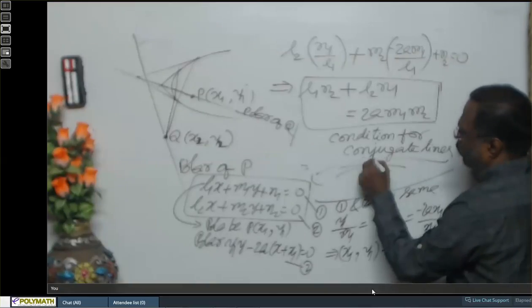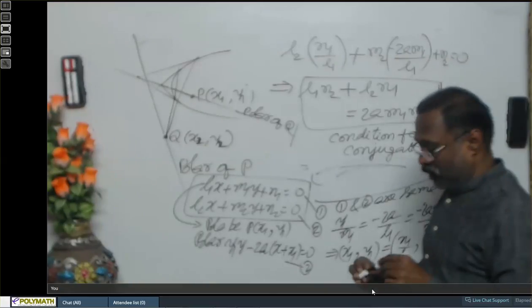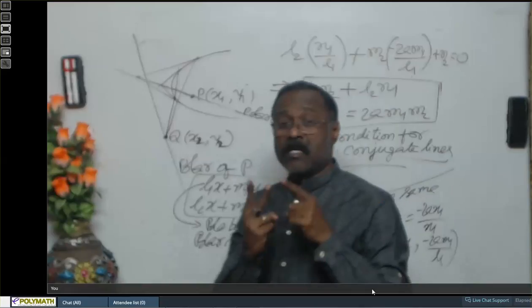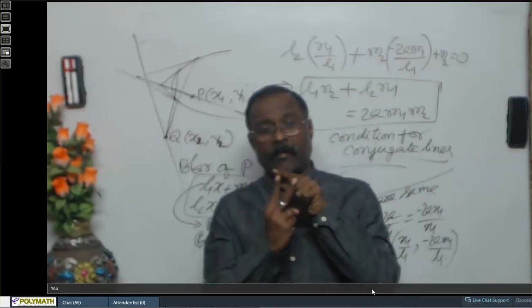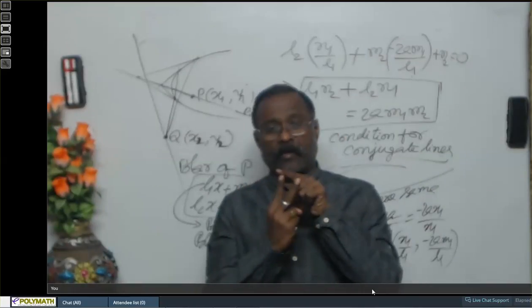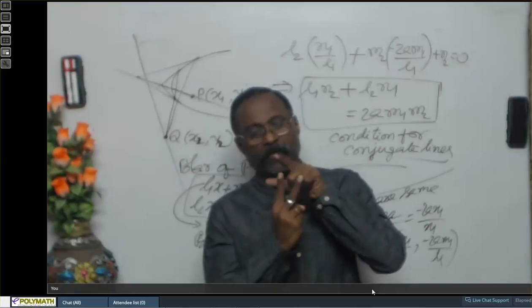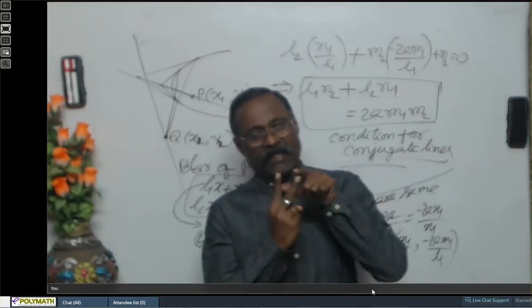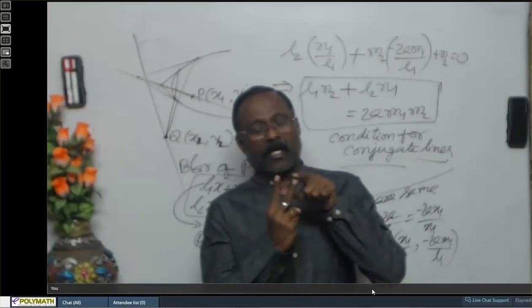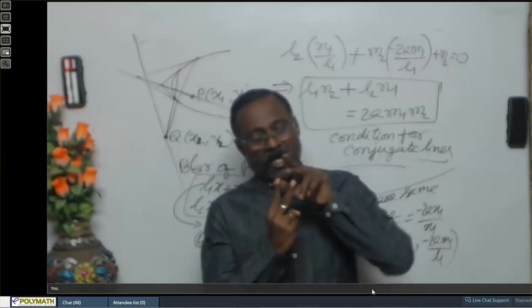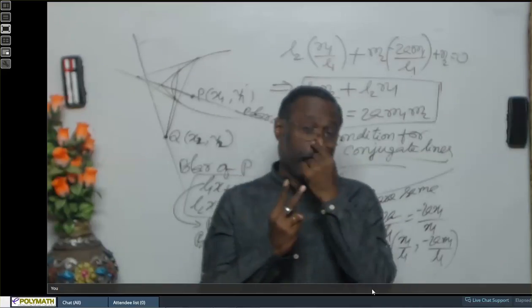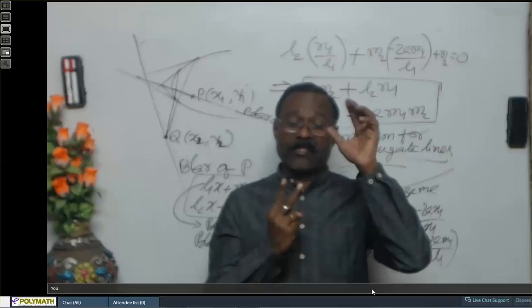So, how do we conclude it now? Two points are said to be conjugate points with respect to a curve S equal to 0 if the polar of either passes through the other, and the condition is S12 equal to 0.